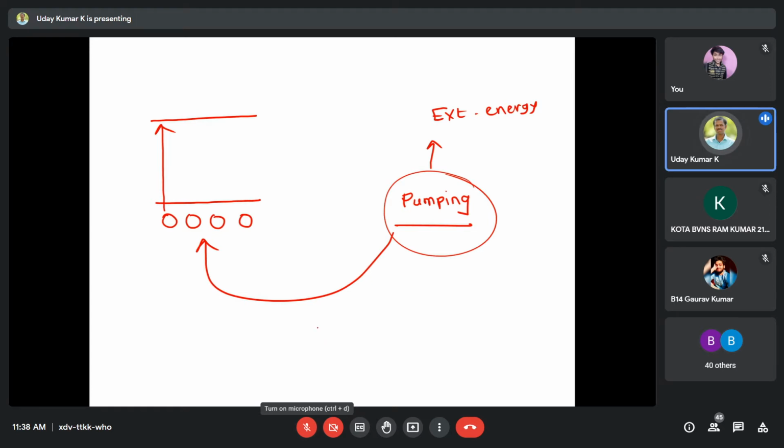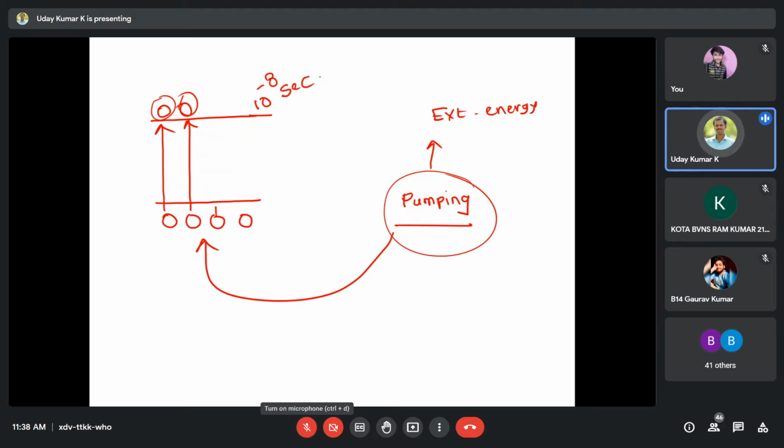So when you use the pumping mechanism, out of 4 atoms, theoretically at most you can send only 2 atoms to the higher energy level. By the time you try to send the third, these first two will come down, because the higher energy level lifetime is only 10 to the power of minus 8 seconds.